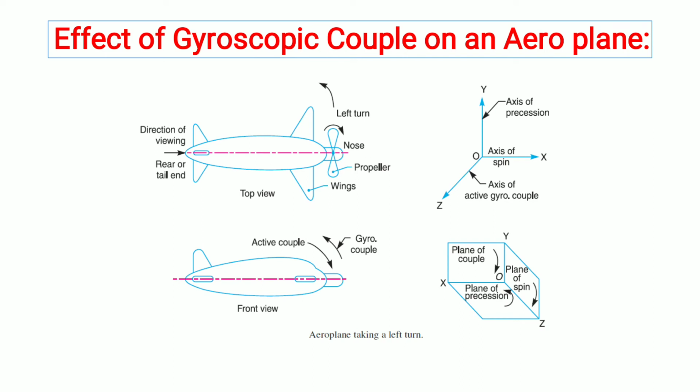This vertical axis is known as the axis of precession, and in this direction some active gyroscopic couple is generated. So OZ will become the axis of active gyroscopic couple. So let us see the gyroscopic effect on an aeroplane.